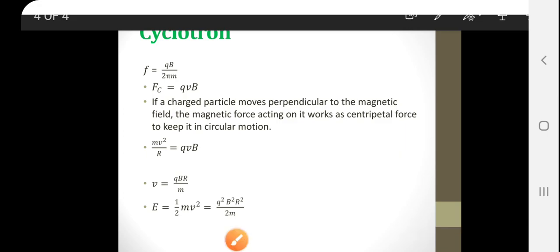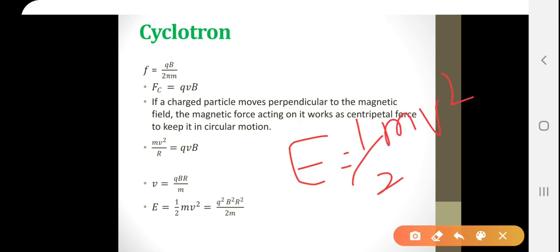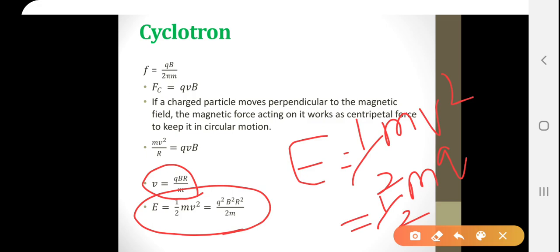Okay, to find the final velocity of the particle, the kinetic energy of the particle is equal to half mv square. So we know the velocity of the particle. If I substitute it here, we will get this equation.